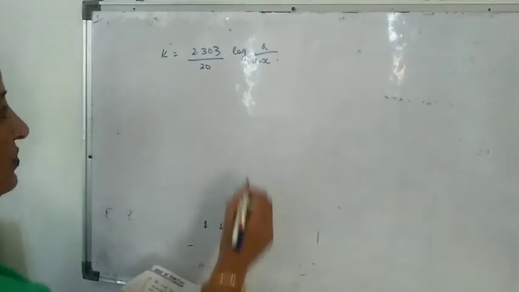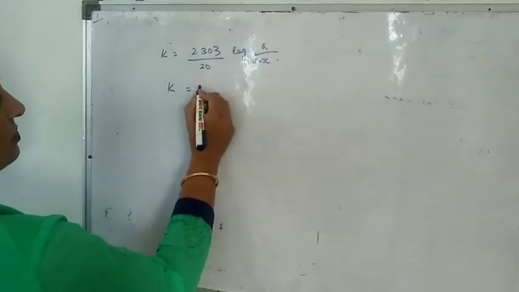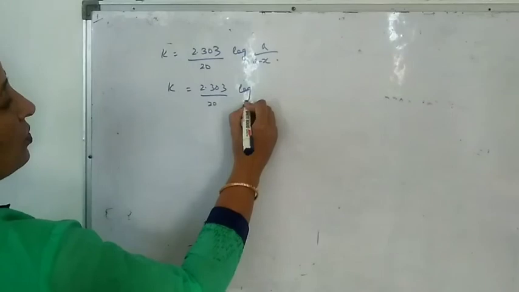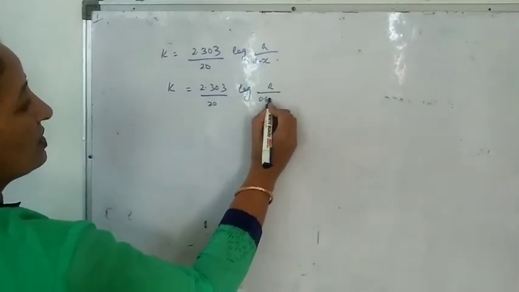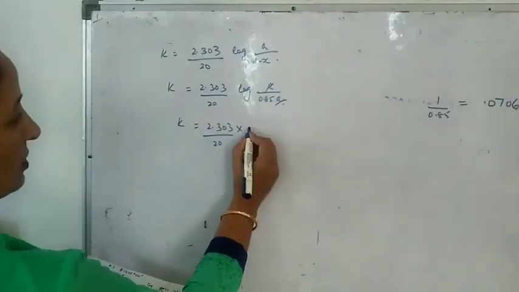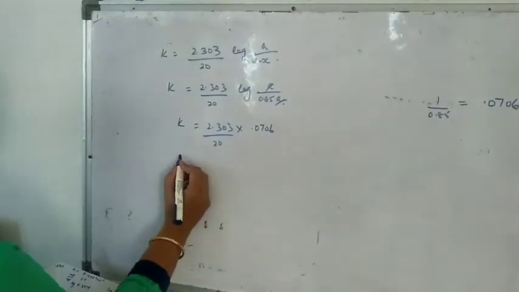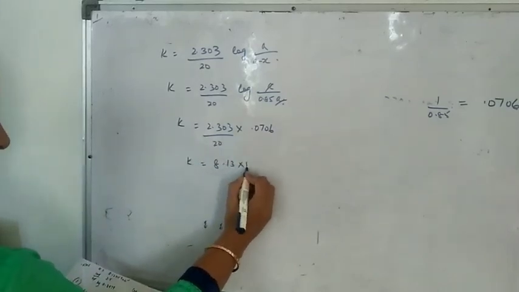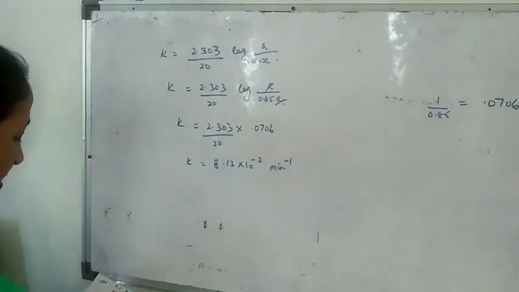So 15% complete means k is equal to 2.303 upon 20 log of a upon 0.85 a. This comes out, k is equal to 8.13 into 10 raised to power minus 3 minute inverse.